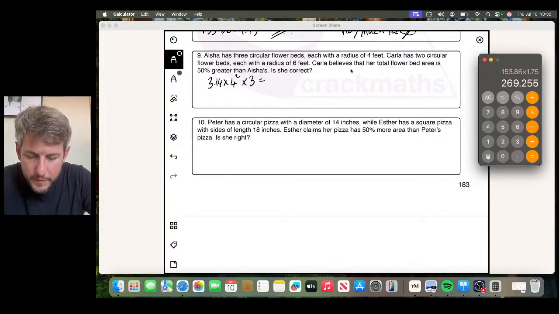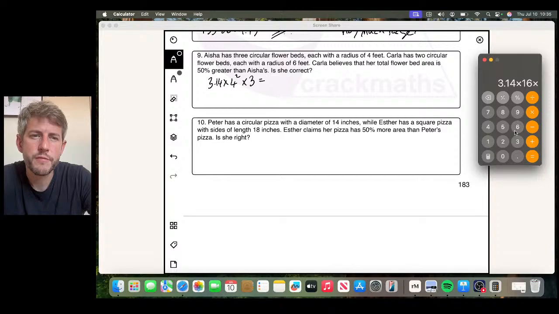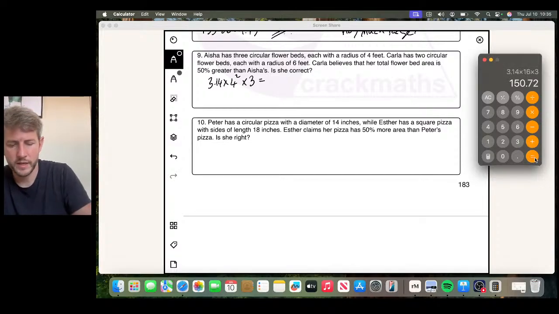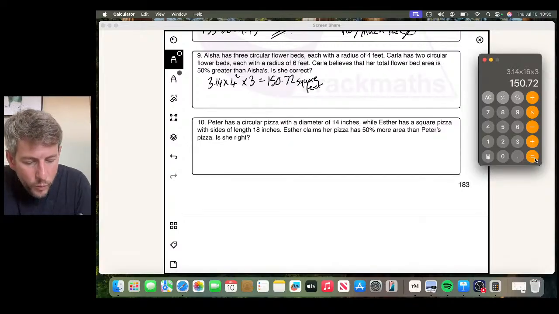Okay, so there we go. This is going to be Aisha's total. 3.14 times 4 squared is 16 times 3 because there's 3 of them. Okay, so that's 150.72. So this is her actual area, square feet. Okay, now we want to find out 50% bigger than that so we can compare it.